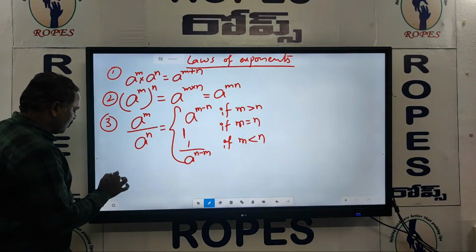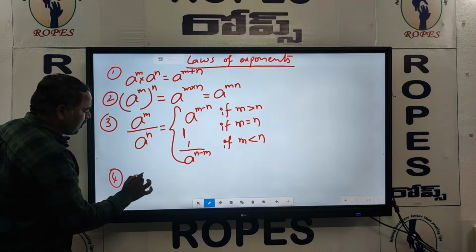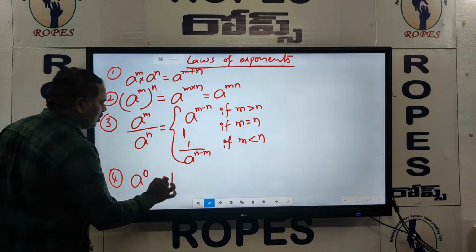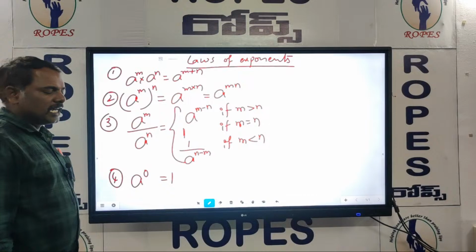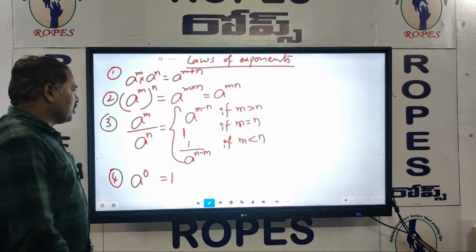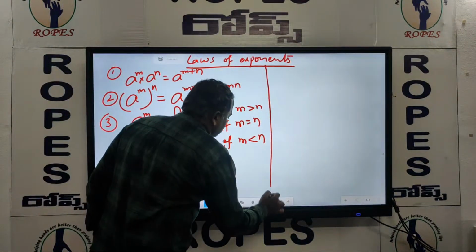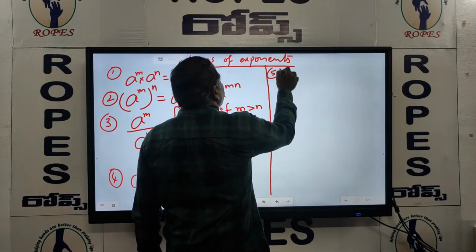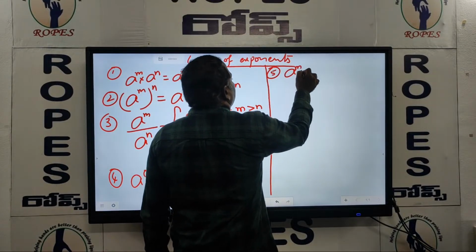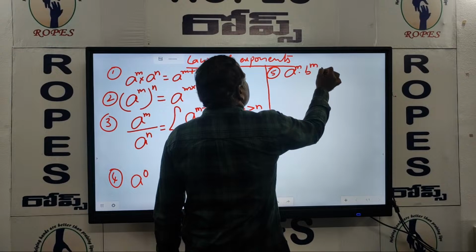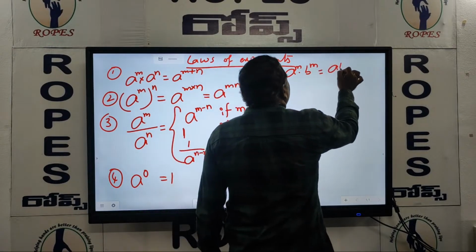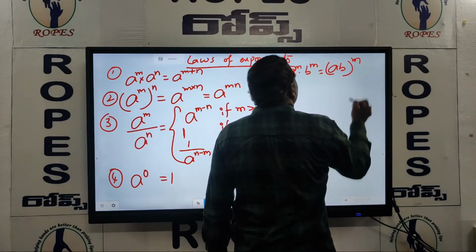And fourth one, a power 0 is equal to 1, where a means any integer. Next, a power m into b power m is equal to ab whole power m.